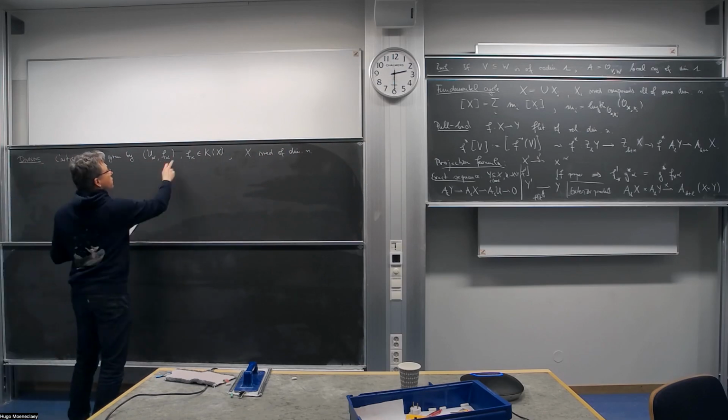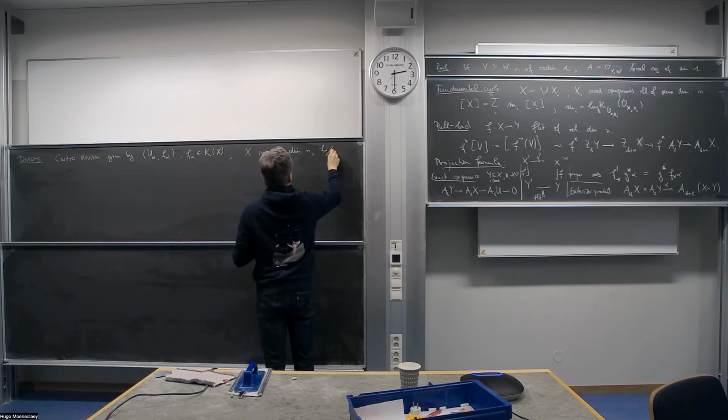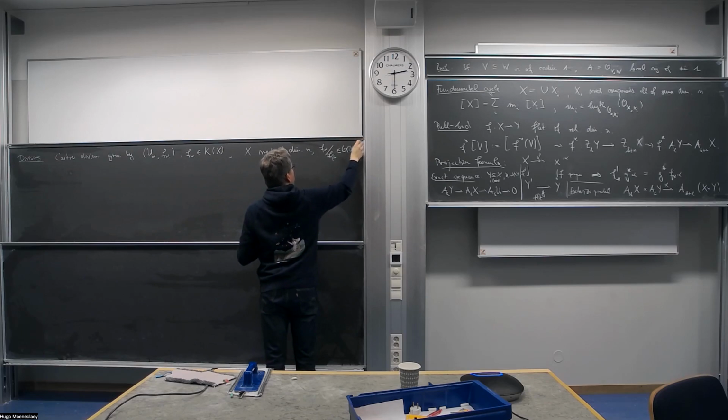And the quotient of two of these rational functions should be an invertible element on the intersection.